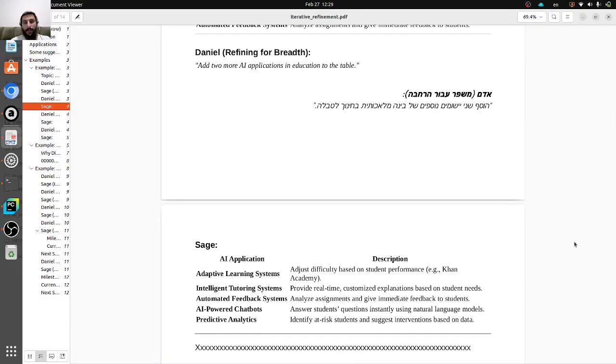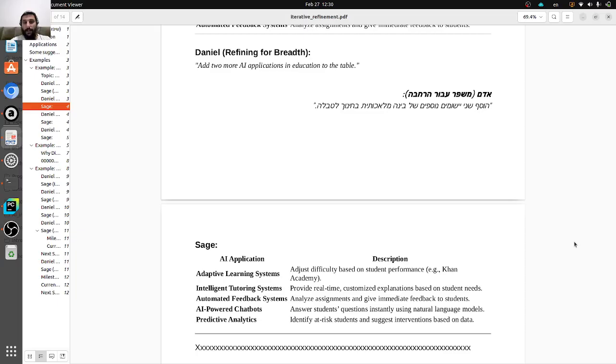Well, so now let's move on to the next refinement cycle. Here, if we take a look at Daniel's prompt, we see immediately that the type of refinement that he uses here is refinement for breadth, which means that he wants to widen his perspective on the topic by asking for 2 additional examples.